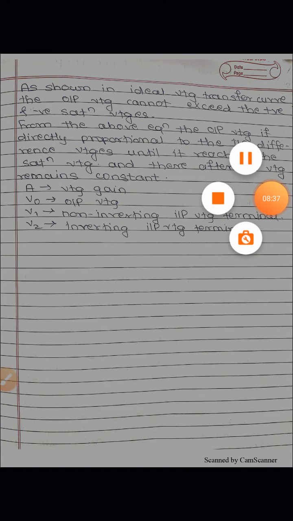Yes, thank you. In this way we complete the operational amplifier. What are the different topics we covered? Remember, in the operational amplifier, first there is the symbol of the op-amp and the pinout structure of the op-amp IC741.